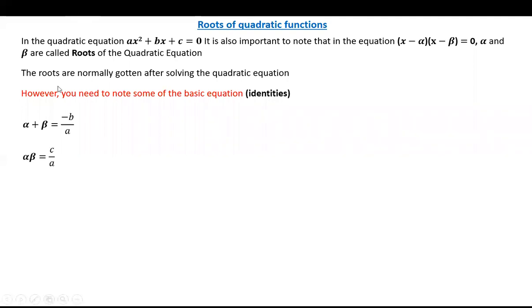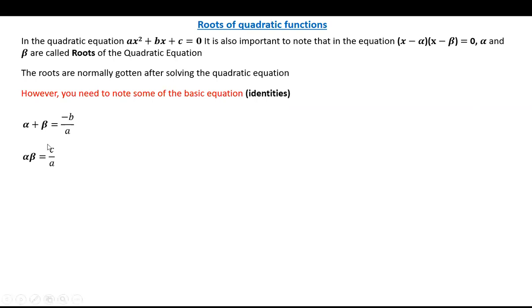You should bear in mind that alpha plus beta is equal to negative b over a, and alpha times beta is equal to c over a. These are basically the two important equations that you are supposed to know. You just have to know this.